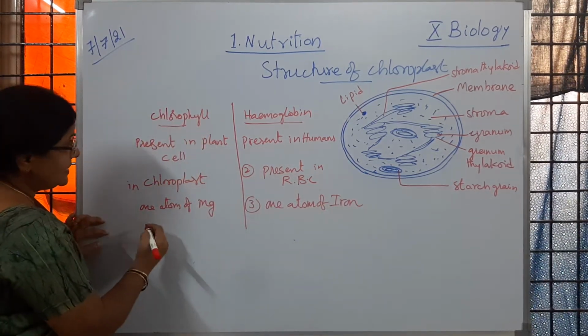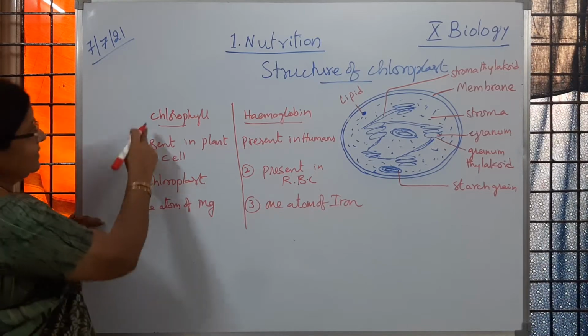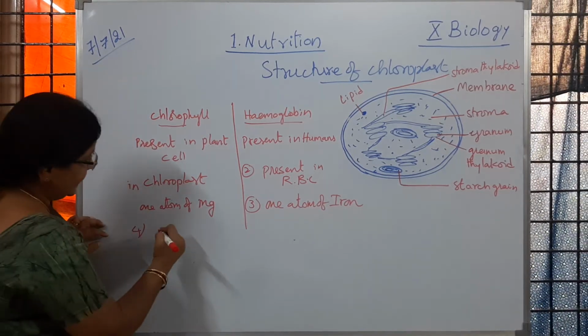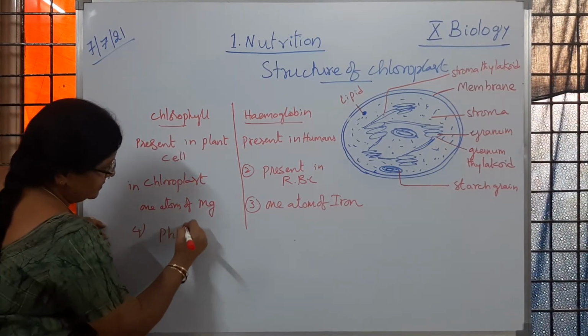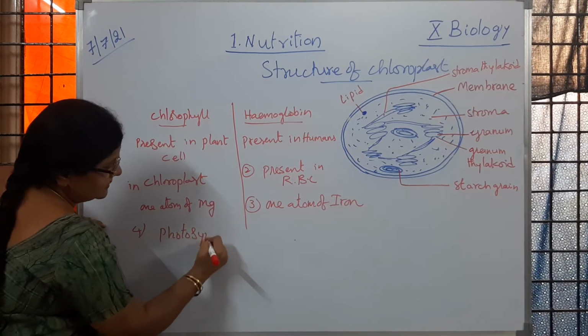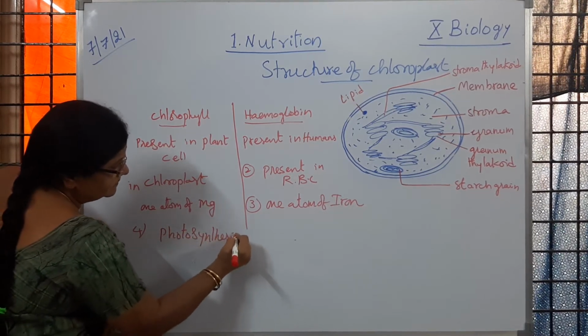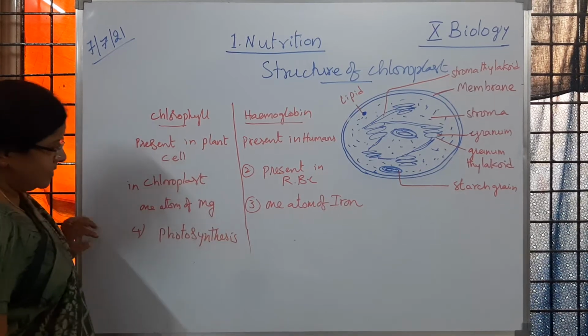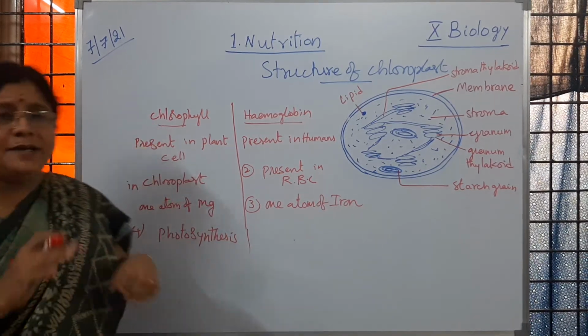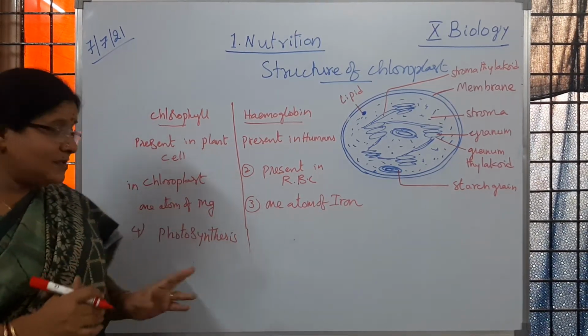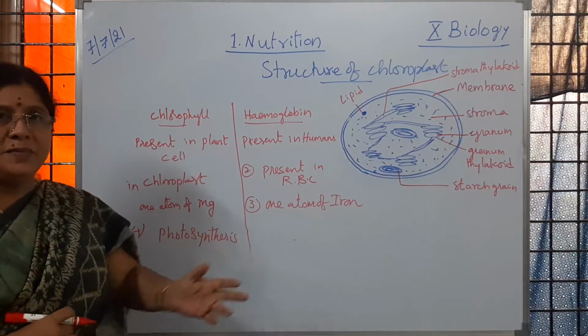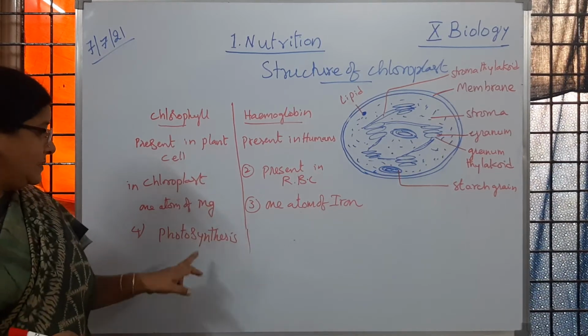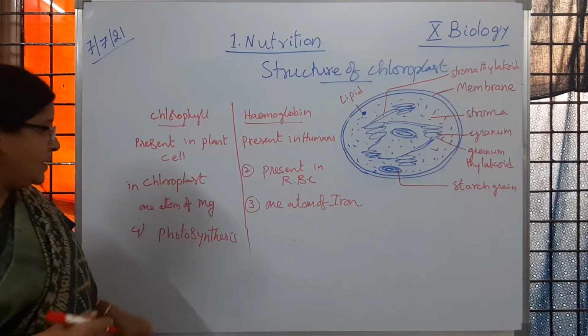Then coming to the next point, what is the function of chlorophyll? It takes part in photosynthesis. Is it not? It helps in the process of photosynthesis, preparing food by the plants, that is, the starch preparation.